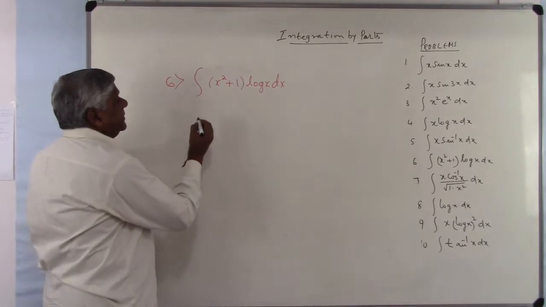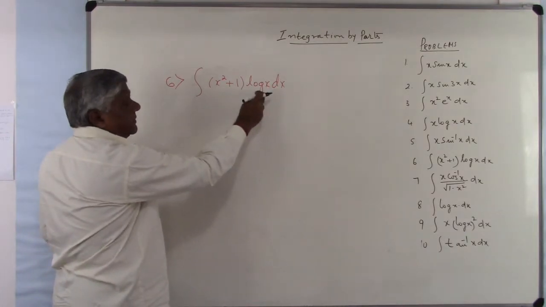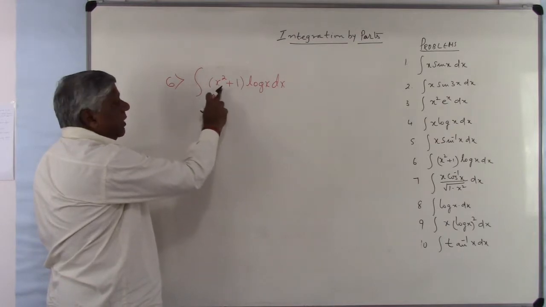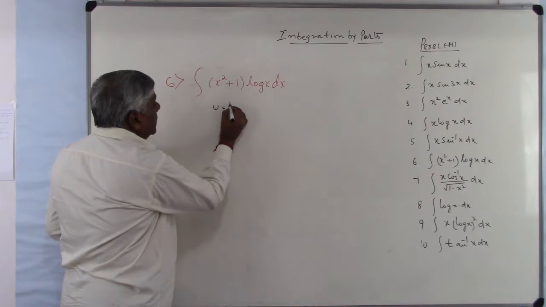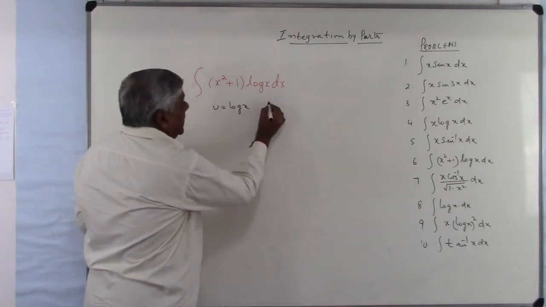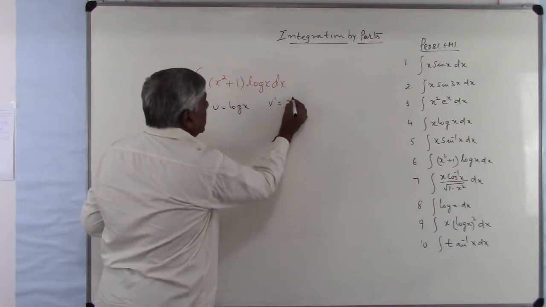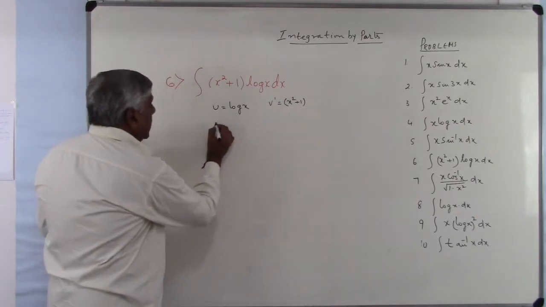Now in this case we have logarithm as u and algebra as v dash. So u is equal to log x, and I am going to take v dash as x square plus 1. Now what is u dash here?